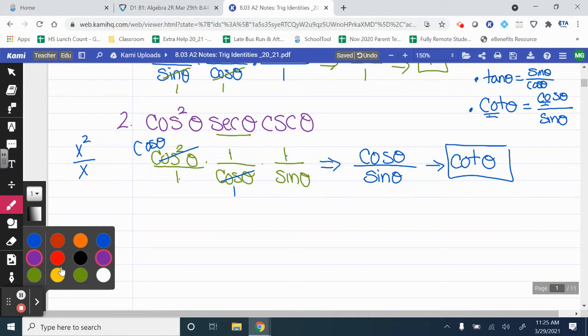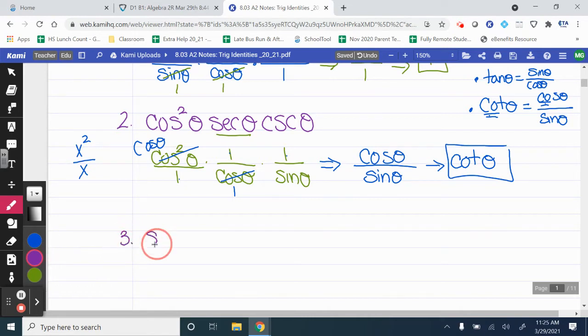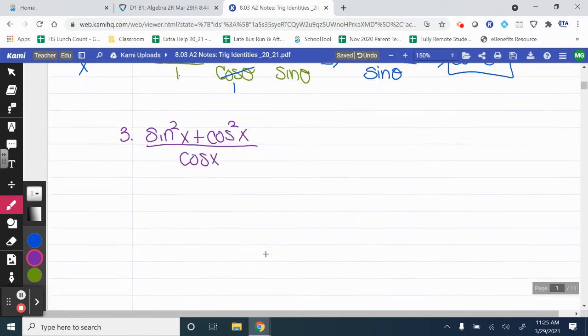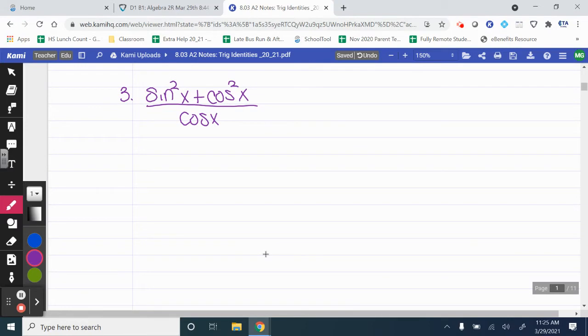All right, and the next one. Sine squared x plus cosine squared x over cosine of x. Hopefully you notice that we've got our Pythagorean identity here, sine squared plus cosine squared. We know that sine squared x plus cosine squared x is equal to 1.